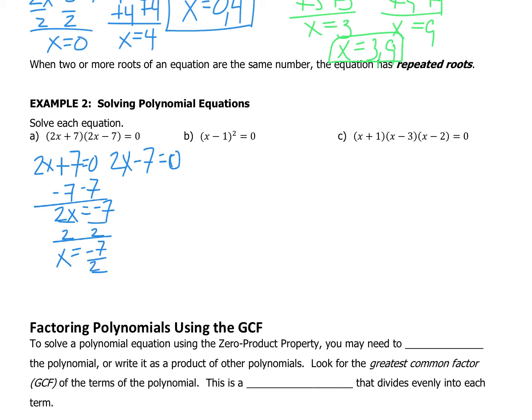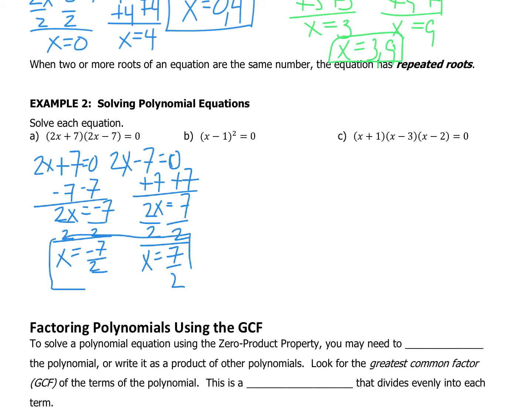So we get negative 7/2 for one, and then the second one is positive 7/2. So don't just think that there's the one answer there.